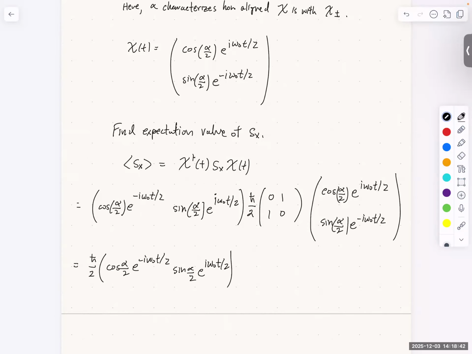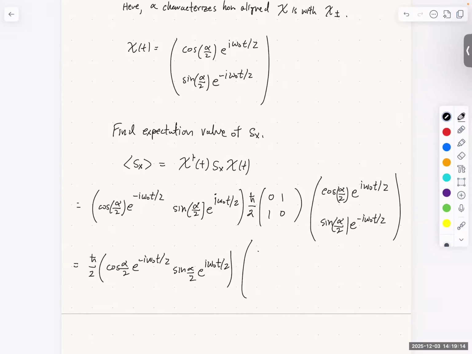Okay, so we'll first do this multiplication. This one's the Sx matrix. It's like the opposite of identity almost. So identity would be 1, 0, 0, 1. So we have our diagonals flipped. And so what that does is it flips the order of the states here. So 0 times the cos plus 1 times the sine puts the sine on top.